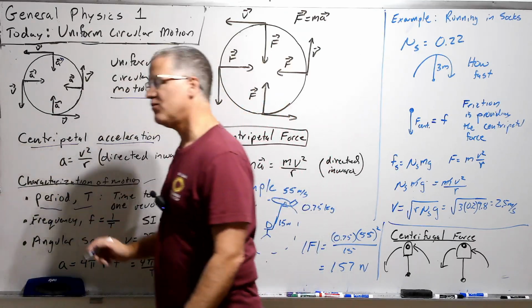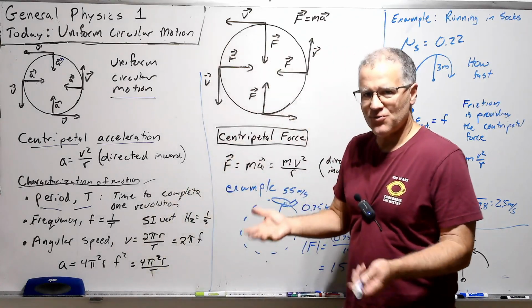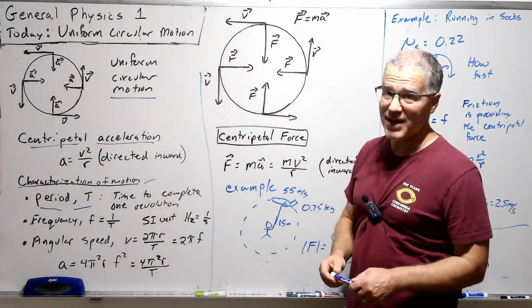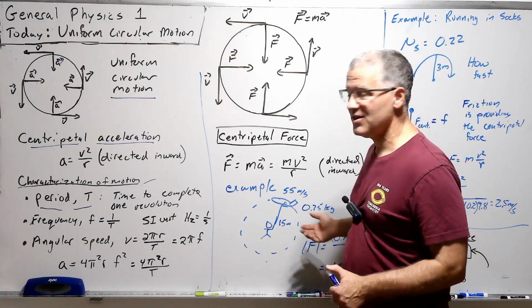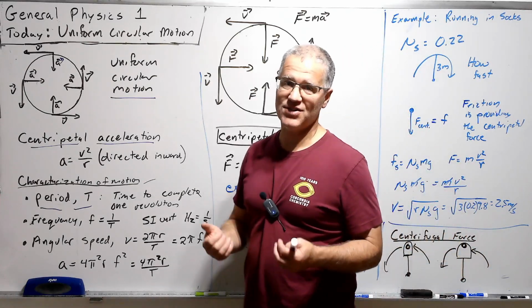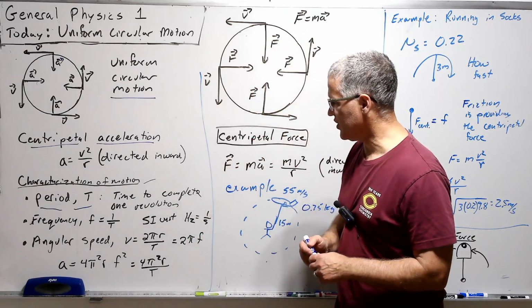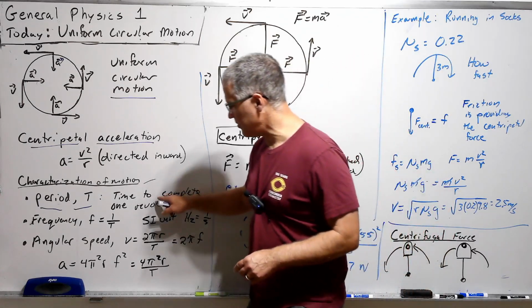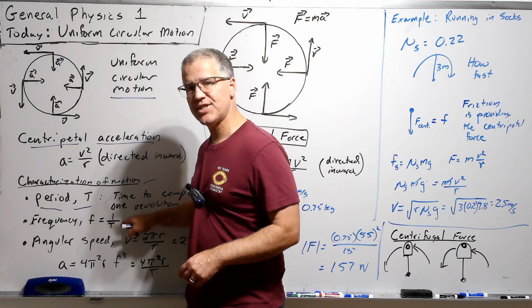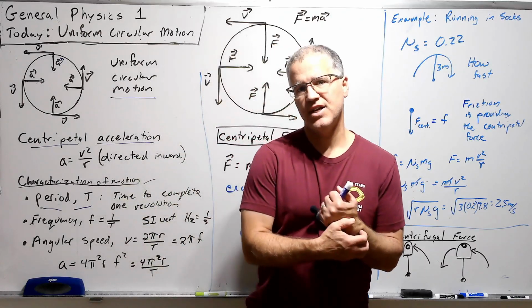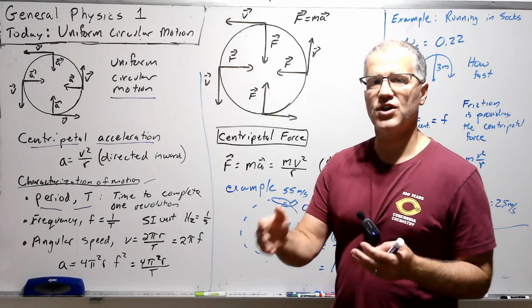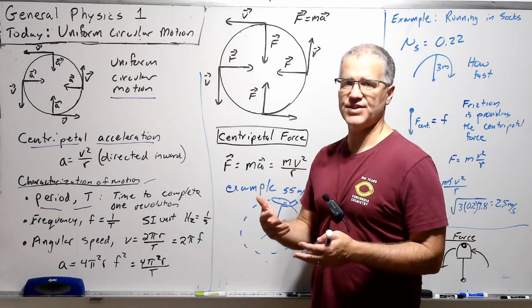And unfortunately, we use the symbol capital T, which we're using for tension as well. And there'll definitely be some problems where tension appears and period appears. So you have to be a little careful with this notation. So that's the time to complete one revolution. If we take the reciprocal of that, what we're asking is how many revolutions occur in 1 unit of time, like 1 second.